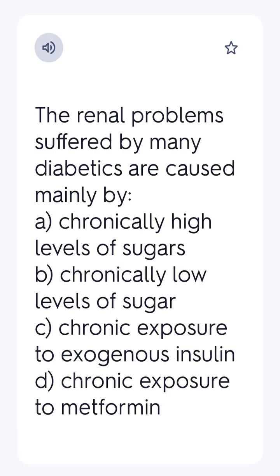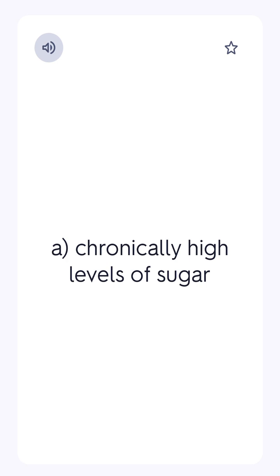The renal problems suffered by many diabetics are caused mainly by A, chronically high levels of sugar; B, chronically low levels of sugar; C, chronic exposure to exogenous insulin; D, chronic exposure to metformin. A, chronically high levels of sugar.